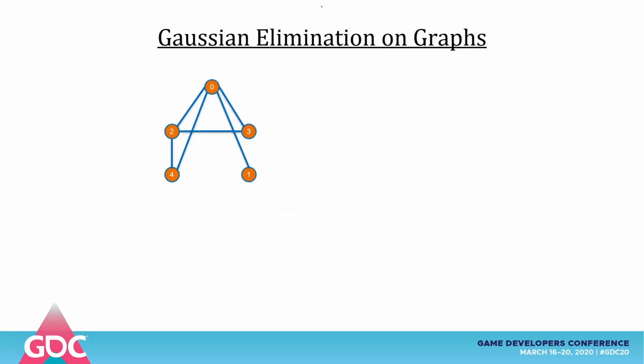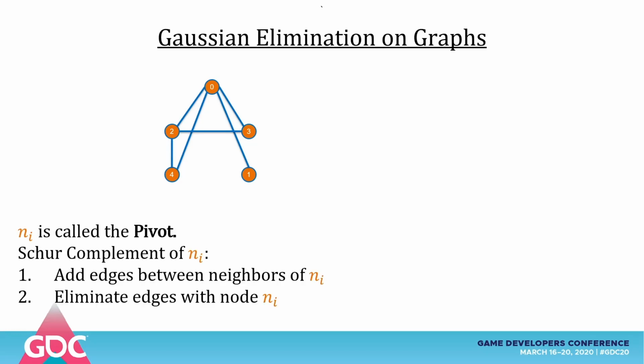Let's turn our attention to the way the Gaussian elimination translates onto the constraint graph. Let's call the node Ni corresponding to the node matrix the pivot. The basic operation of taking the Schur complement at Ni does the following to the graph. 1. It adds edges between the neighbors of the pivot, and 2. It eliminates all edges with the pivot.